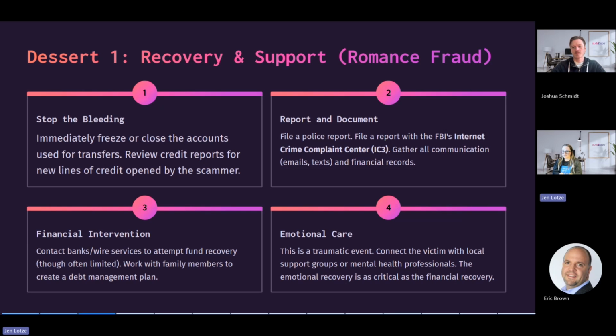This is a trauma. Any of these types of incidents, whether it's a romance scheme or phishing, you feel very vulnerable, you feel very exposed. It's very personal. So even though it's happening online, it's just as real and in person for many people as you would think. That's where you're really going to start to respond. And that's how you can start to support.